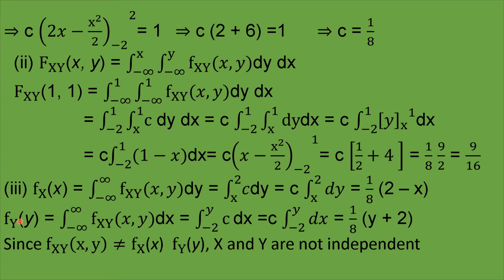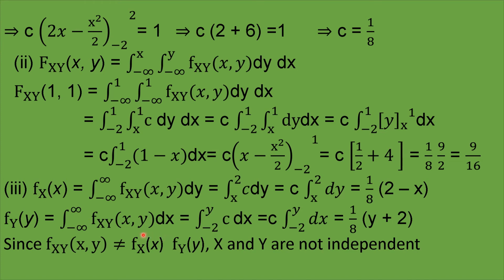Similarly, marginal probability density function of y, fy of y, integral from minus infinity to plus infinity, fxy of x comma y dx, integral with respect to x. Now if you see the figure, look at only x value horizontally in the shaded part.